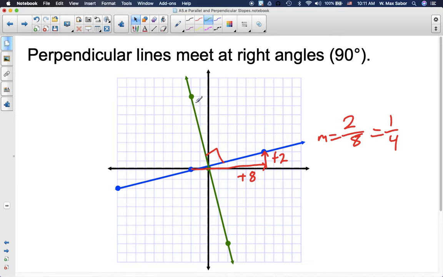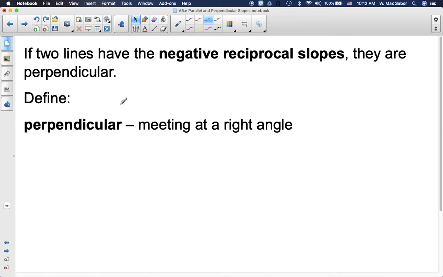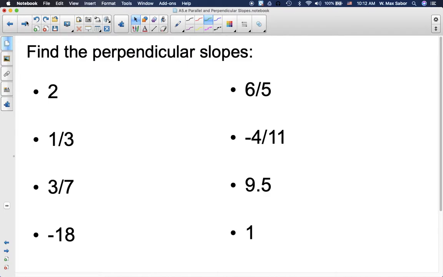This line was going down 8 and right 2, a slope of negative 8 over 2, rise over run, which is negative 4. Those are negative reciprocal slopes, so they must be perpendicular, meeting at a right angle.